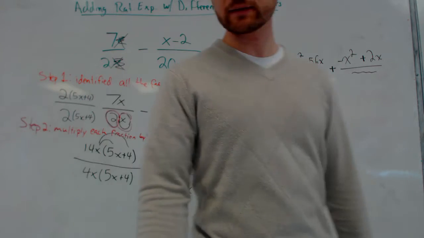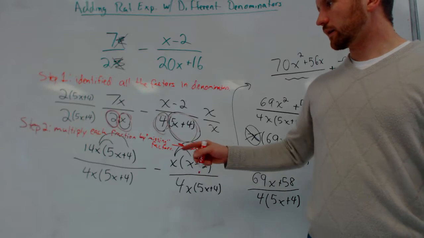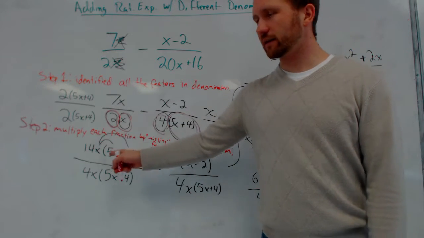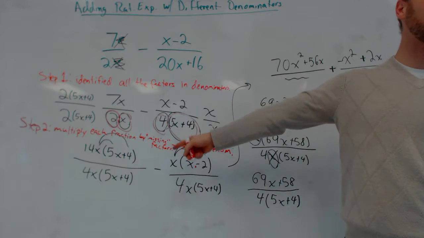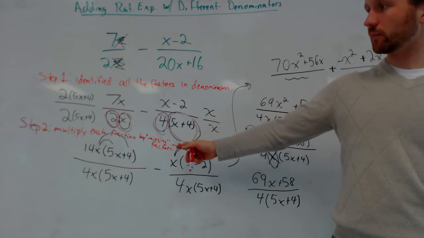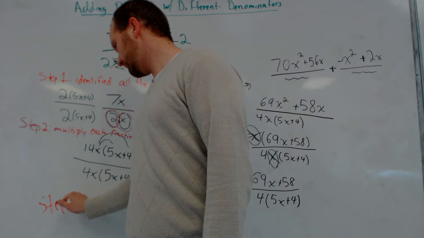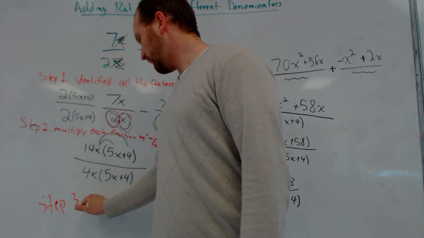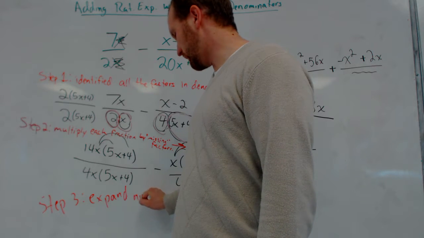Okay, what did I do next? Step 3. Add or subtract the numerator. Yeah, so step 3, even before I added or subtracted the numerator, I expanded the numerators, right? I kind of unfactored them. Step 3, expand your numerators.